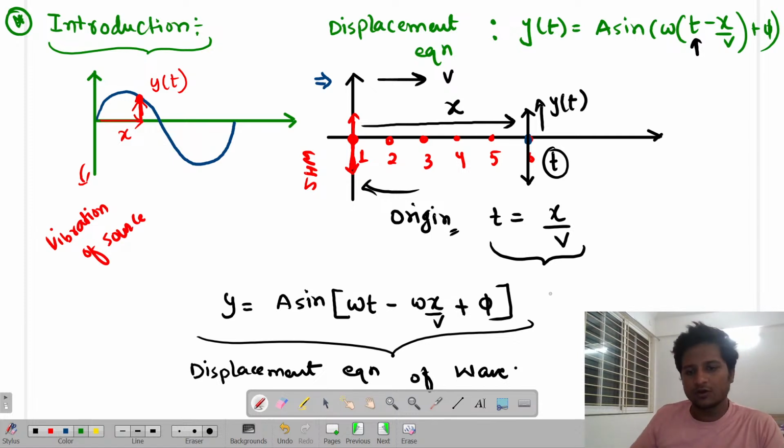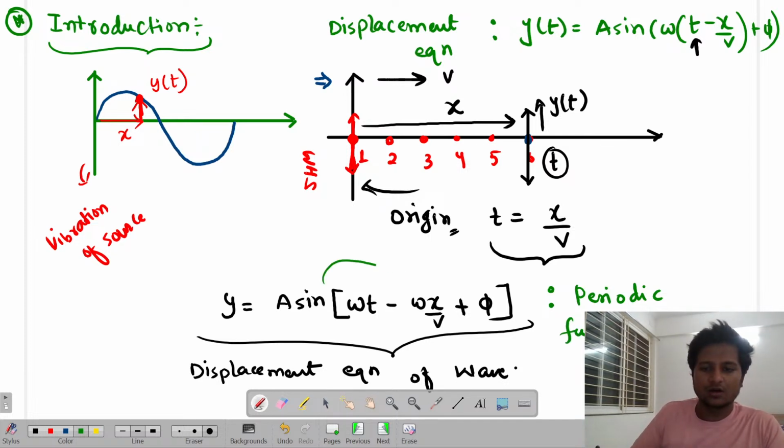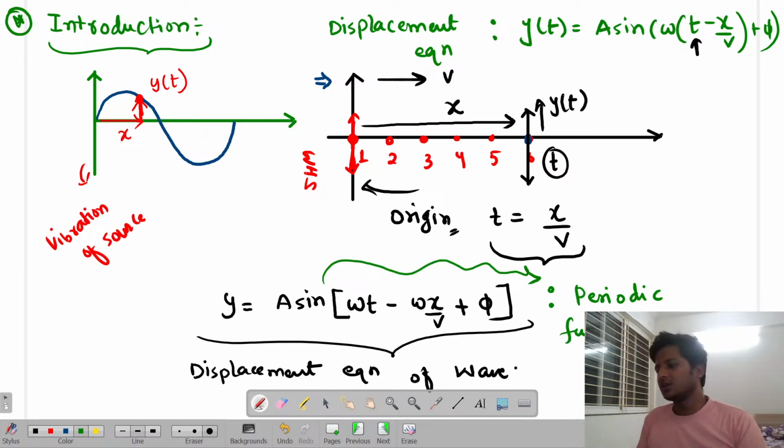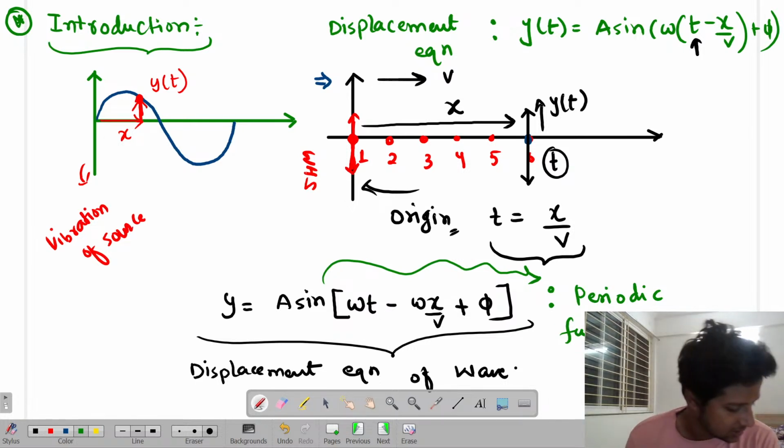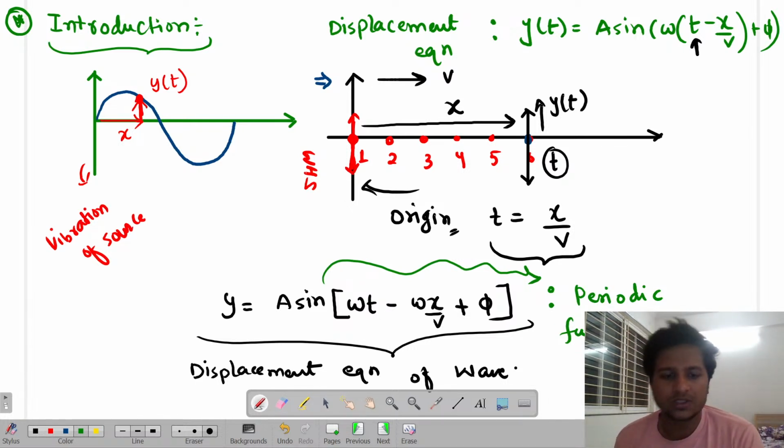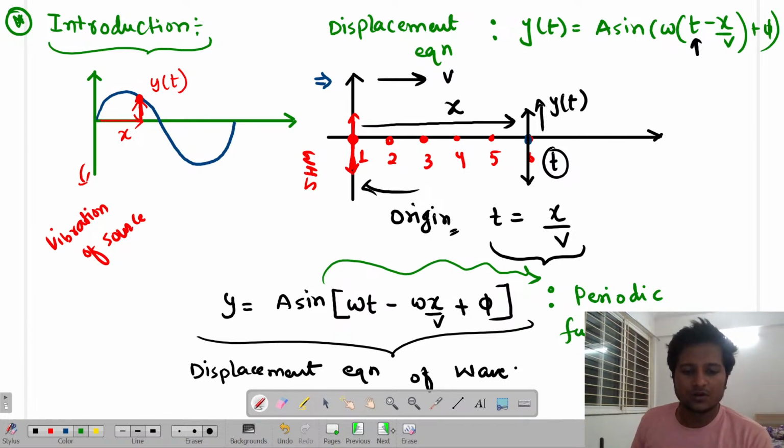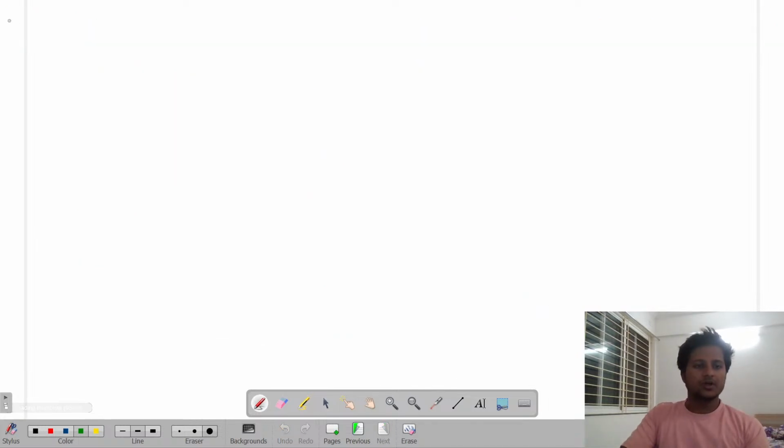So we got that this wave is also following some kind of periodic function. Basically sine and cos are these kinds of periodic functions, and that's what we are going to understand from here. Why we call it periodic is the biggest point.